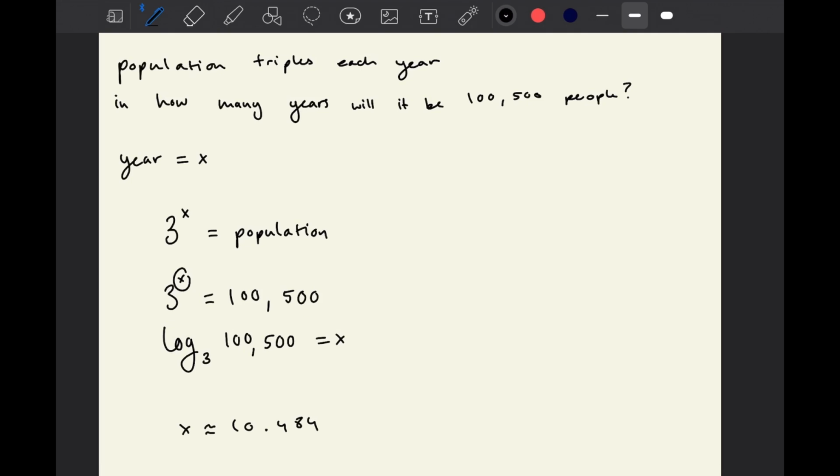So basically from this, we can see that we use logarithms to find a missing exponent. If your exponent is the variable that you're trying to look for, use the logarithm. Let's try to generalize this a bit.